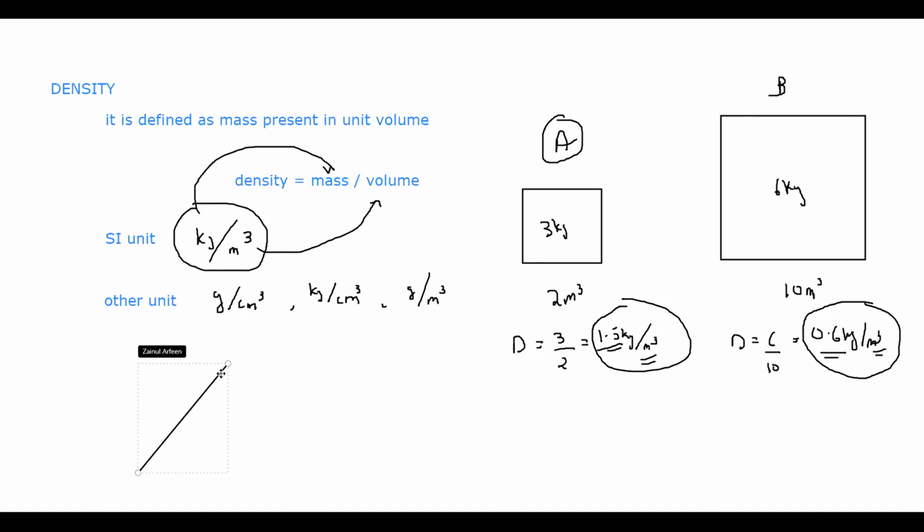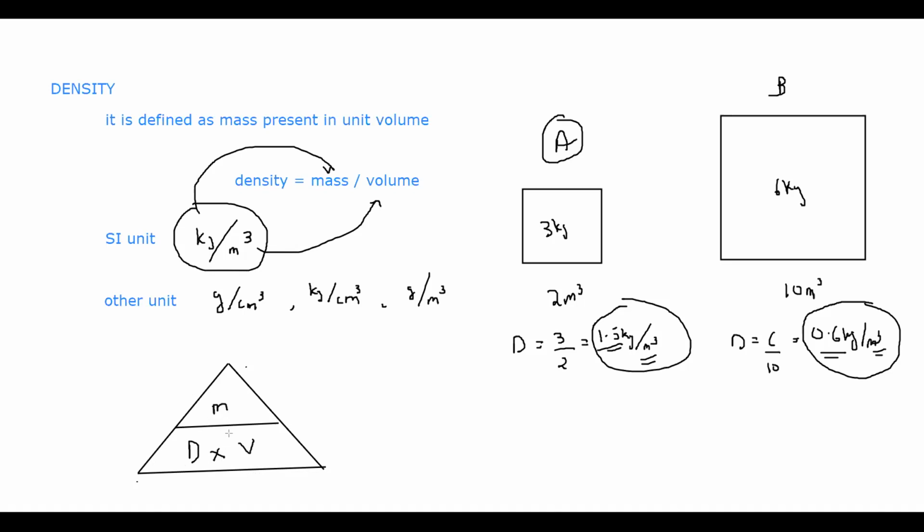So the triangle which you will learn for this density, so density is equals to mass present in a unit volume. So if I need density, it is mass divided by volume. If I need mass of an object, it will be density multiplied by volume.